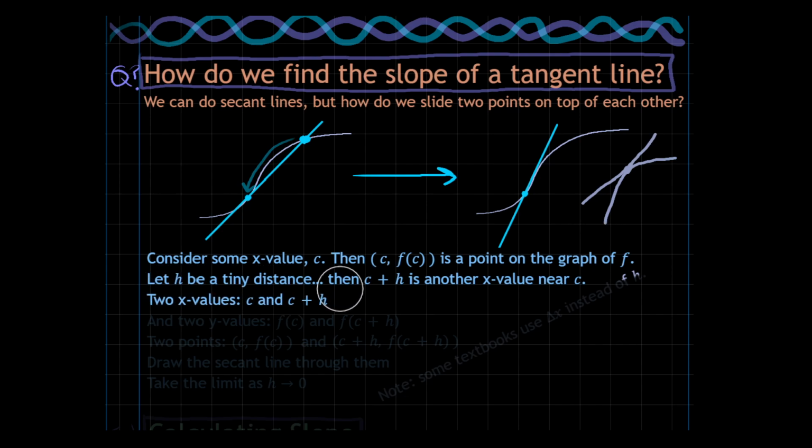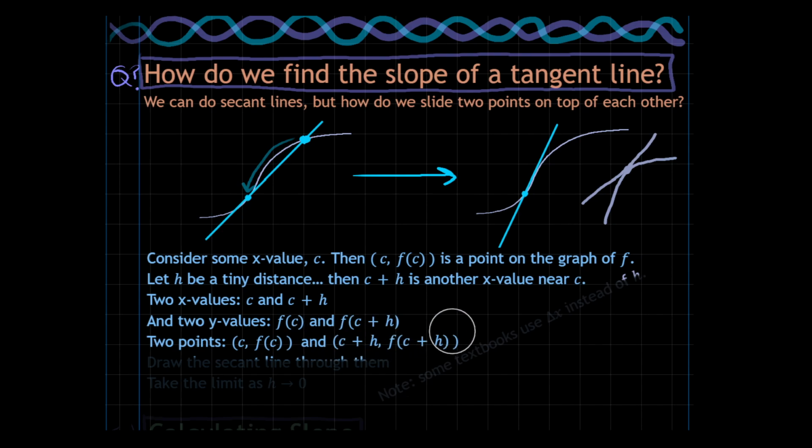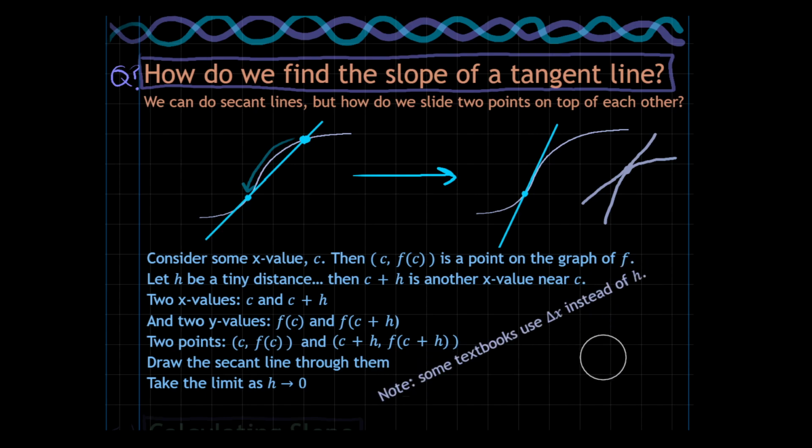So we're going to work with two x values, c and c plus h, which gives us two y values, evaluating the function at both of those spots. Okay, so we're working with 2 points which are on the curve. We're going to draw a secant line that goes through them and take the limit as h goes to 0. And just as a quick note here, some textbooks do like to use delta x instead of h, and that's okay.